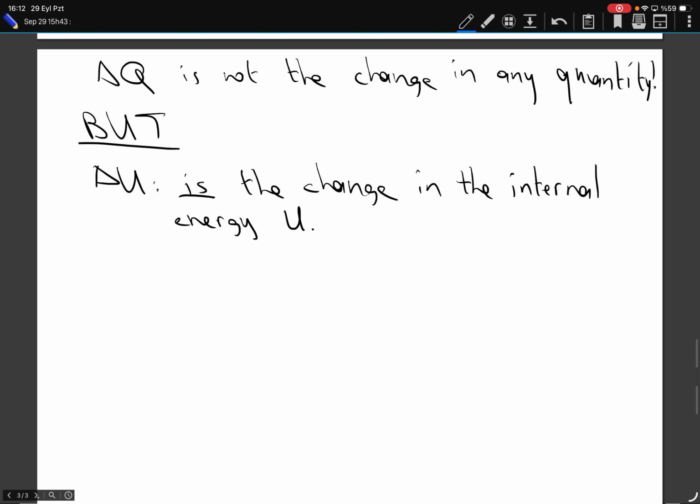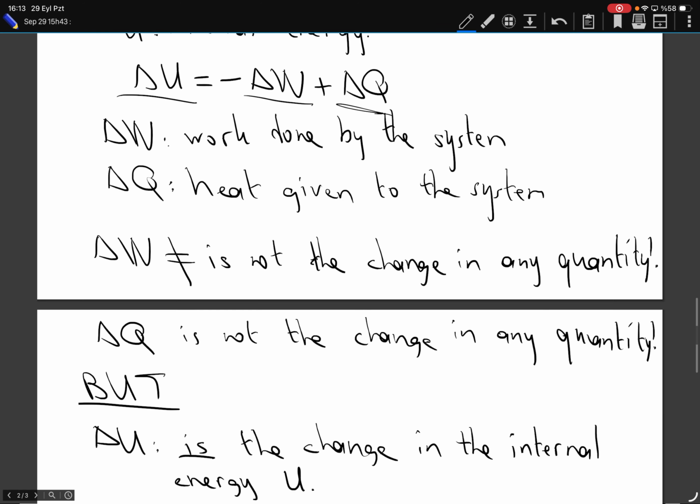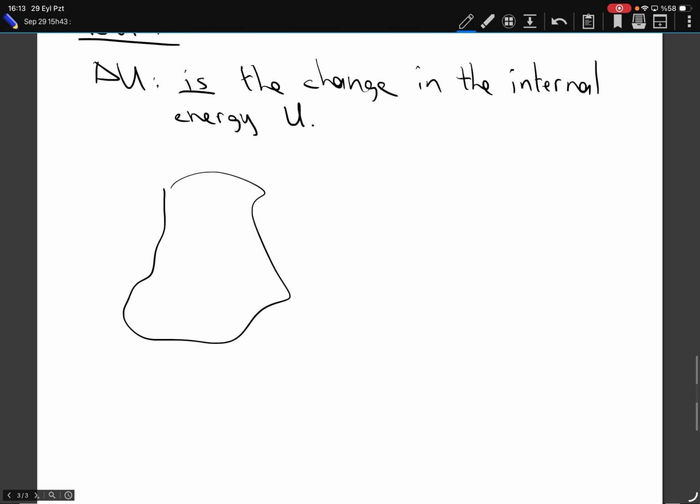Now, most of the time we will look at changes which will still keep my system in equilibrium. So we will be doing changes slowly at small steps. In such a case, let's try to express delta W and delta Q in terms of other properties. Let's say this is my system at a given time. At a later time, it expands, or it can even contract.